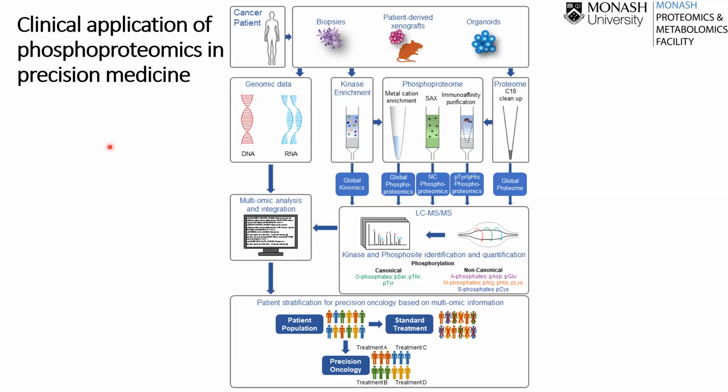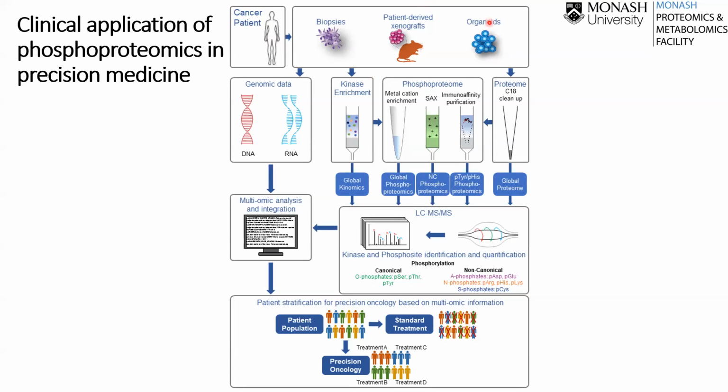Generally, as I think Pouya mentioned earlier with the immunopeptidomics workflow, the starting material is usually very similar. We'll start with either a tumor biopsy, a patient-derived xenograft or PDX, or even organoids.